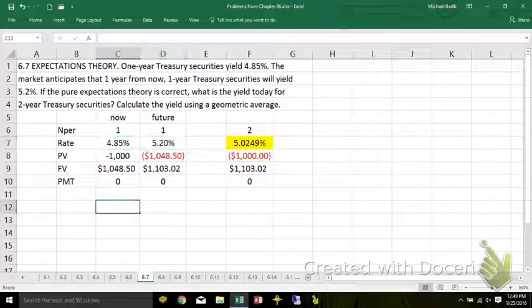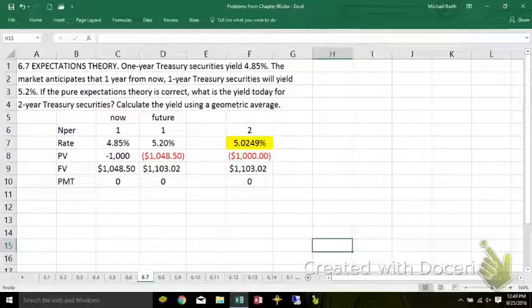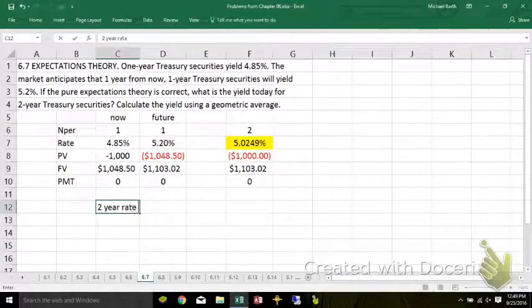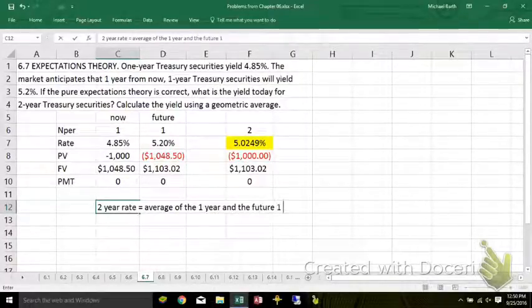Okay, now you could solve this mathematically as well, and what this is saying is that a 2-year rate is equal to the average of the 1 year and the future 1 year.